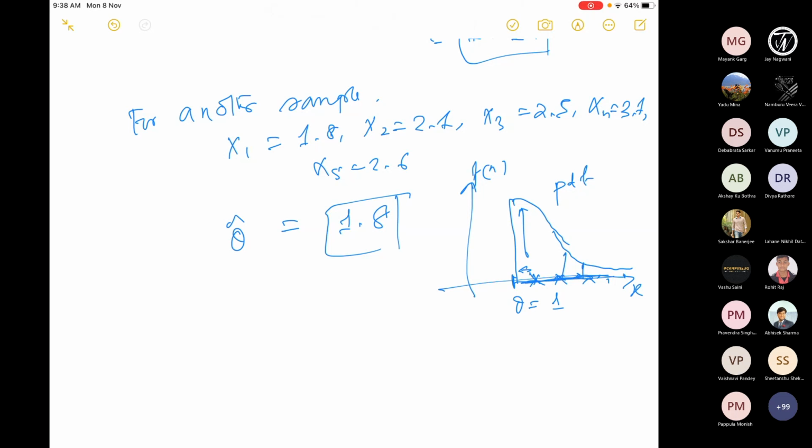But for the sake of looking at probability, I will get a value in the interval close to theta equal to 1. So then there is a high chance to get it.